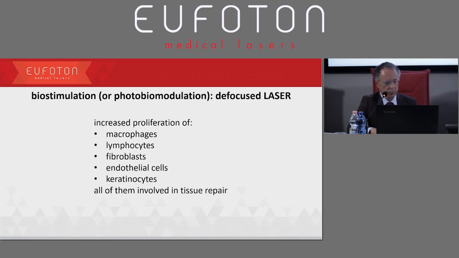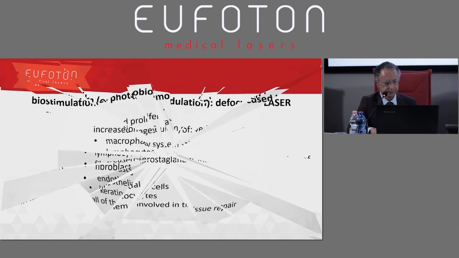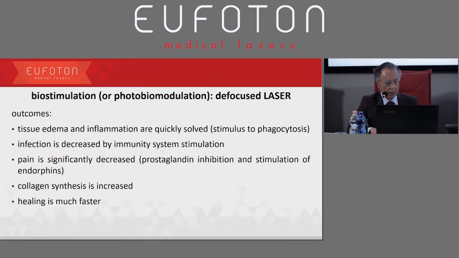Histologically, it was proven that photobiostimulation increased the population of macrophages, lymphocytes, fibroblasts, endothelial cells, keratinocytes, all of them involved in tissue repair. So you can see that all the cell lines that help rebuild the tissue are involved.